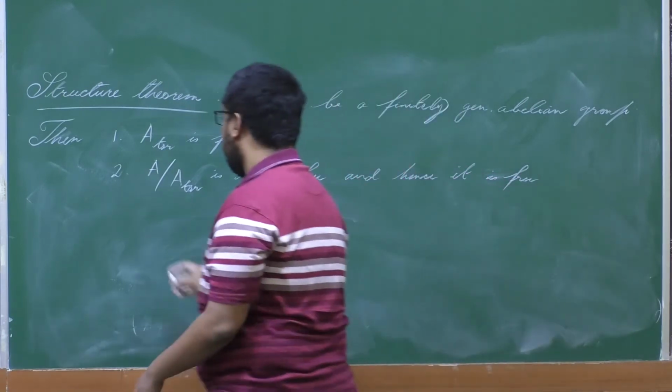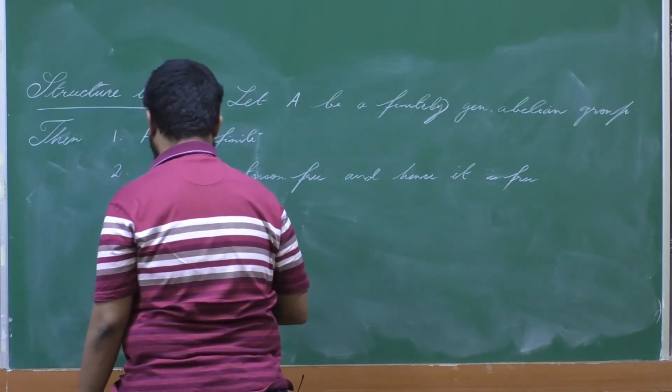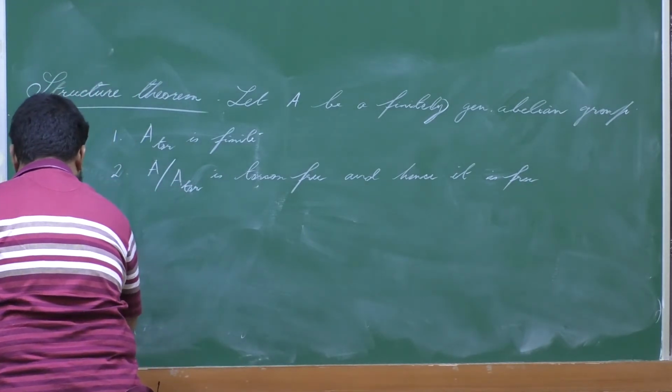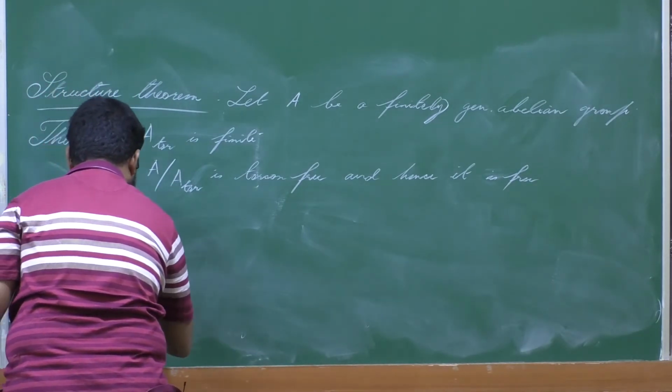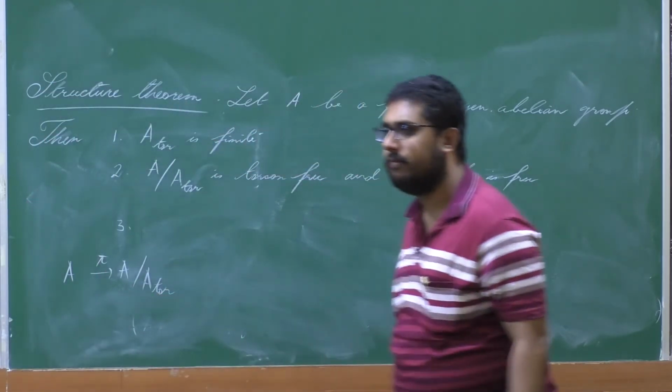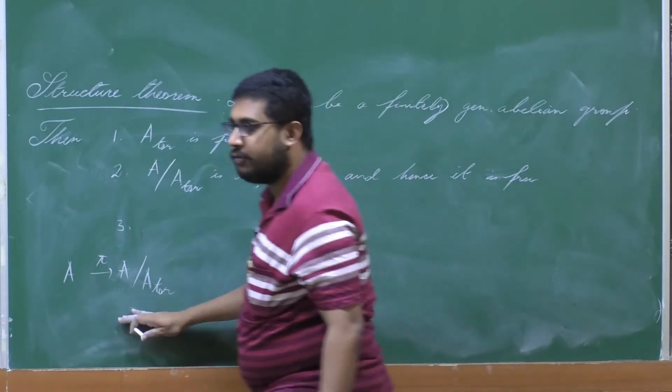The third thing that we want to talk about: before making the third observation, try to see that from A to A modulo A tor we have this projection homomorphism, which is a surjective homomorphism, and the target is free.